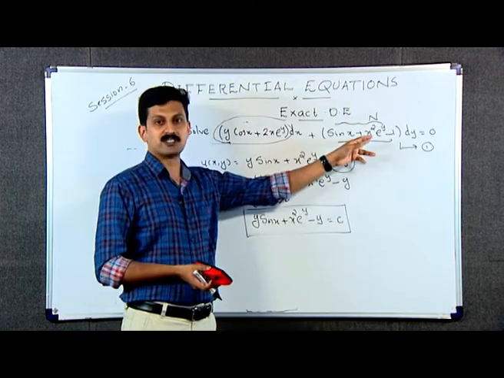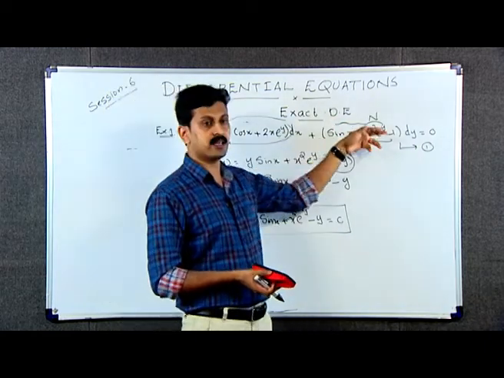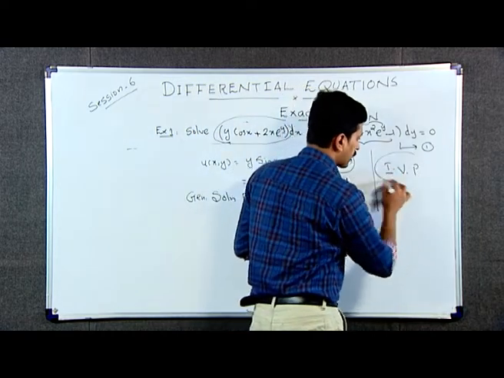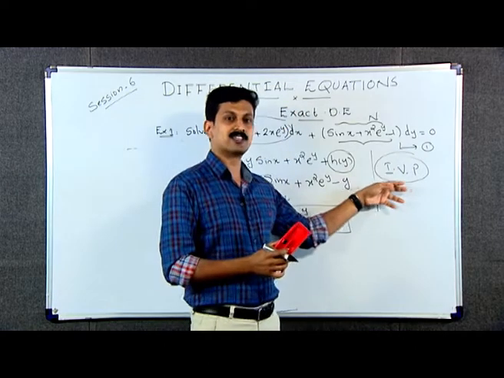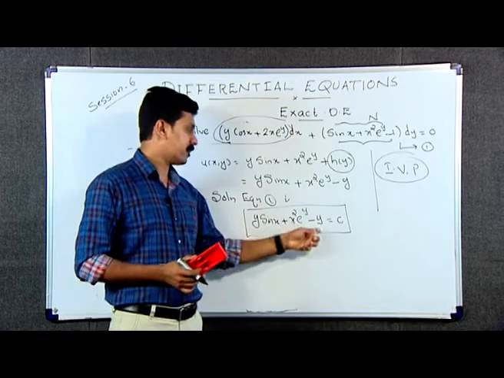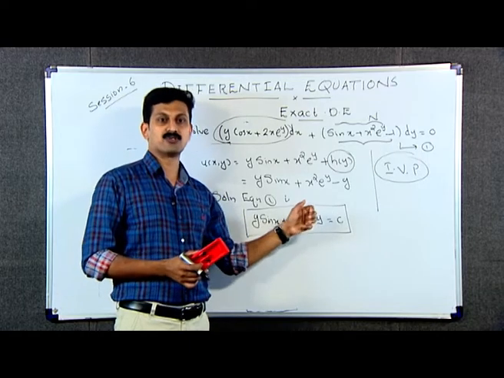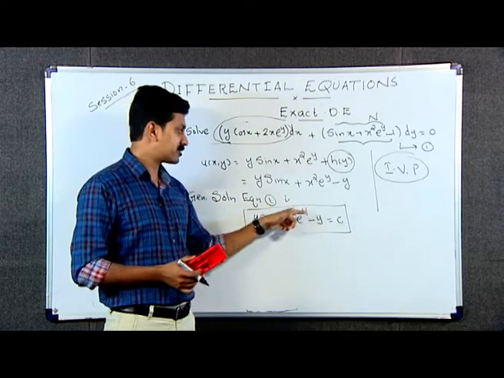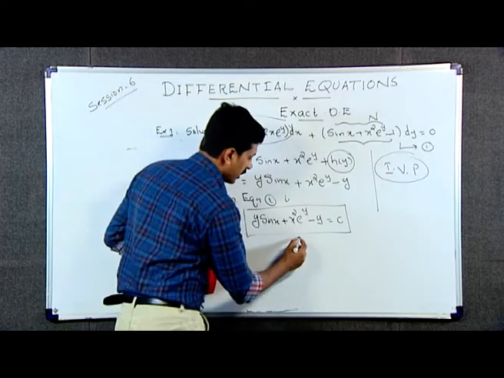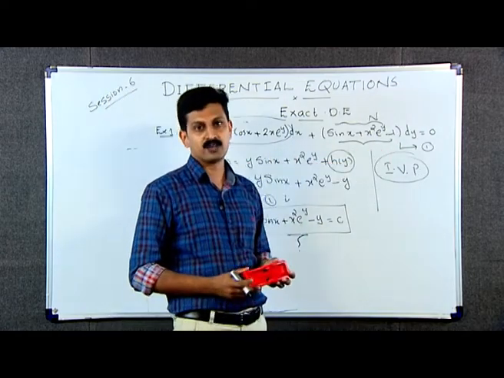But as in all the previous sessions, we discussed the initial value problem, the differential equation with an initial condition. If an initial condition is provided, we can find a particular value for this c. In this case also, for the exact equation there exists a particular solution. Now, this is the general solution for our exact differential equation 1.